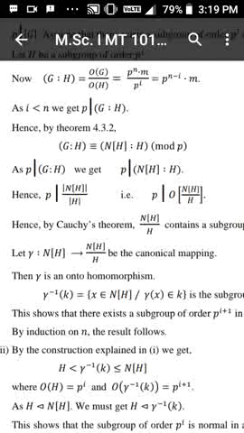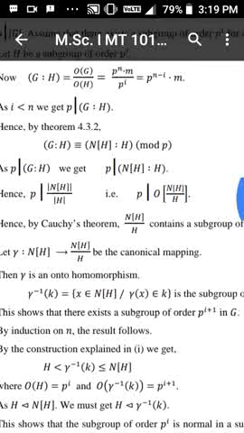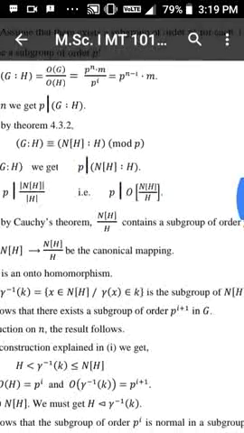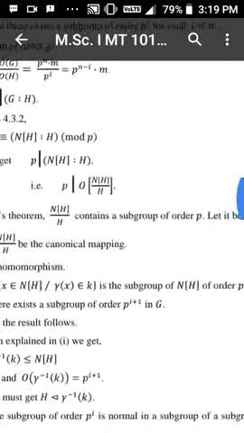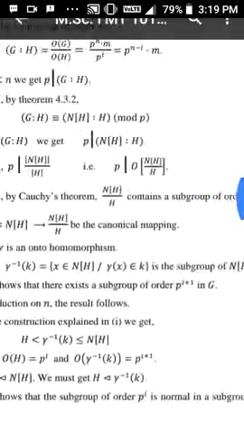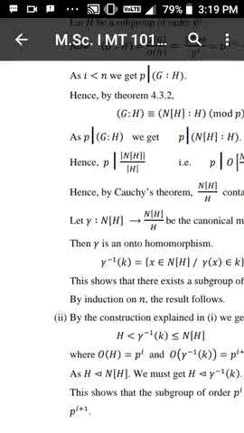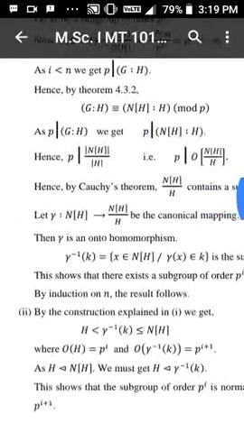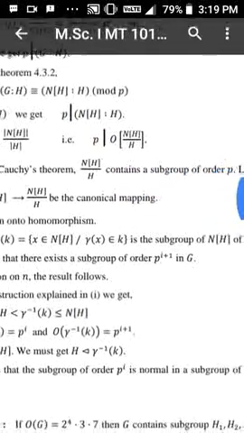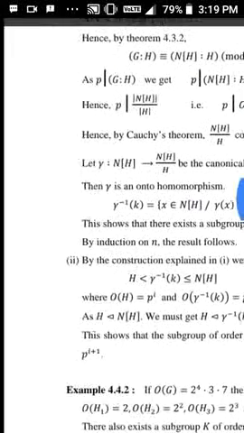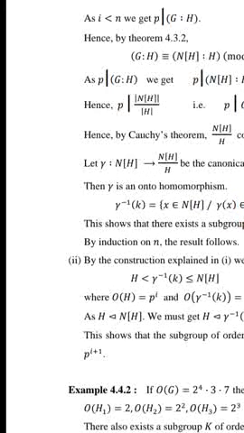Therefore, gamma inverse of K, equal to the set of x belonging to N(H) such that gamma of x belongs to K, is a subgroup of N(H) of order p raised to i plus 1. This shows that there exists a subgroup of order p raised to i plus 1 in G. By induction on n, the result follows.